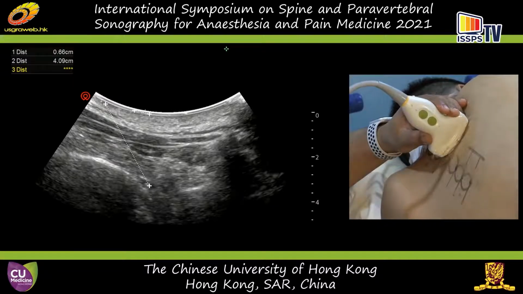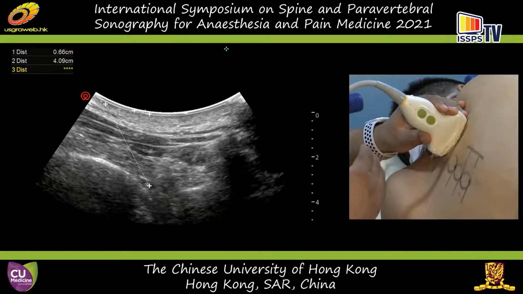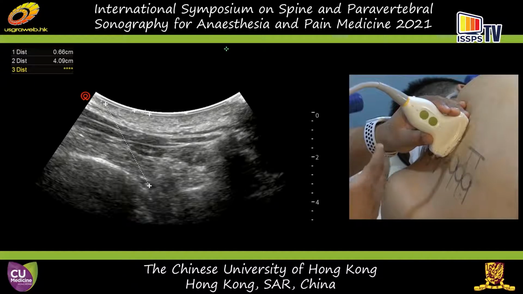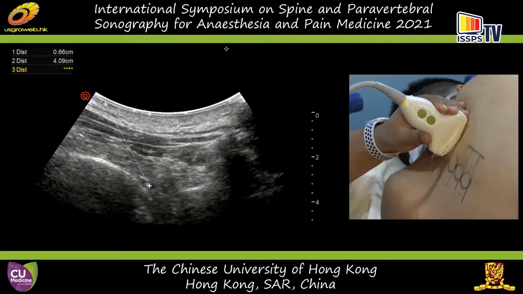We find this quite objective, and indeed you can see the entire paravertebral space in front of you. You can also see increased echogenicity of the pleura after you inject and widening of the space. So these are all objective signs that you are indeed injecting into a tissue space. You are not injecting into a blood vessel, which can occur as it is quite vascular.